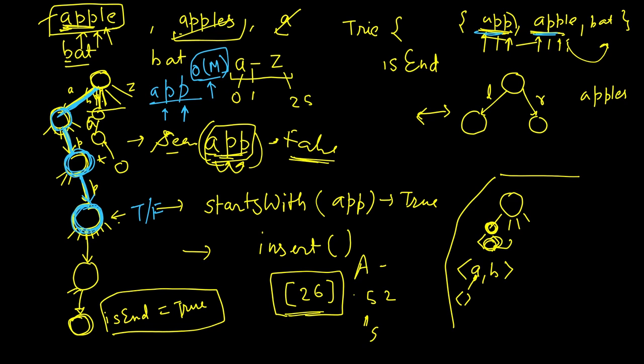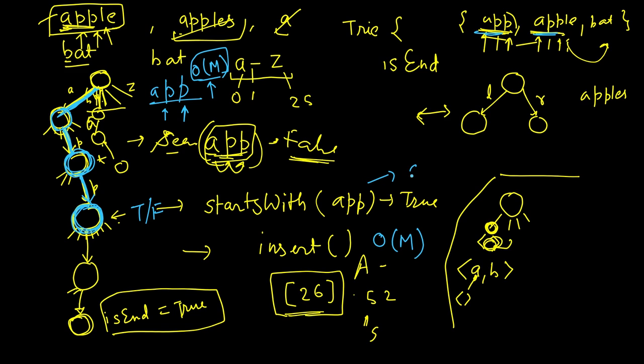Similarly, inserting is very similar to search. In order to insert, first we search whether it's already present or not. If it's already present, we don't insert it. We move to the next and keep doing that until we find a null or we find the word itself in the trie. So insert will also be order of m. And starts with is the same as insert with just one difference, that here we will not check end of word.